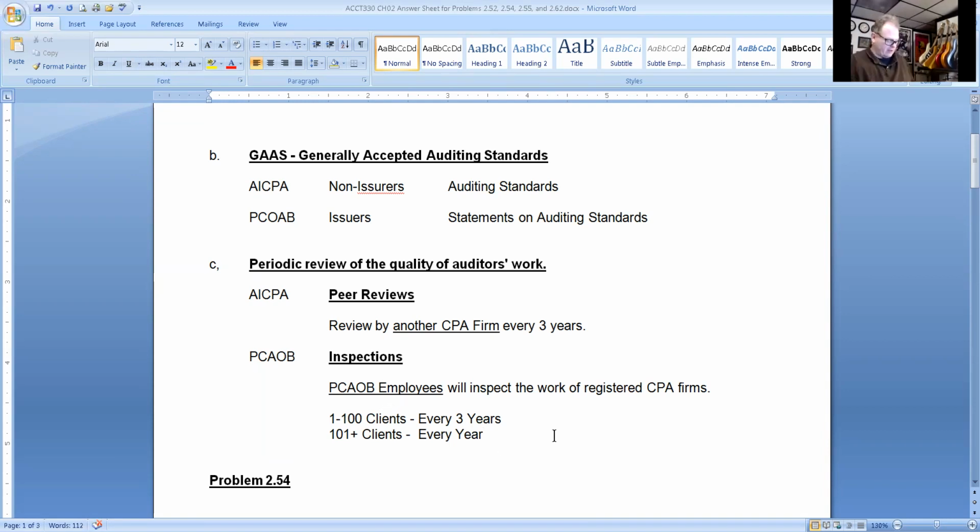I should say that if they have issuers as clients, they're only looking at the audits that they have jurisdiction over.